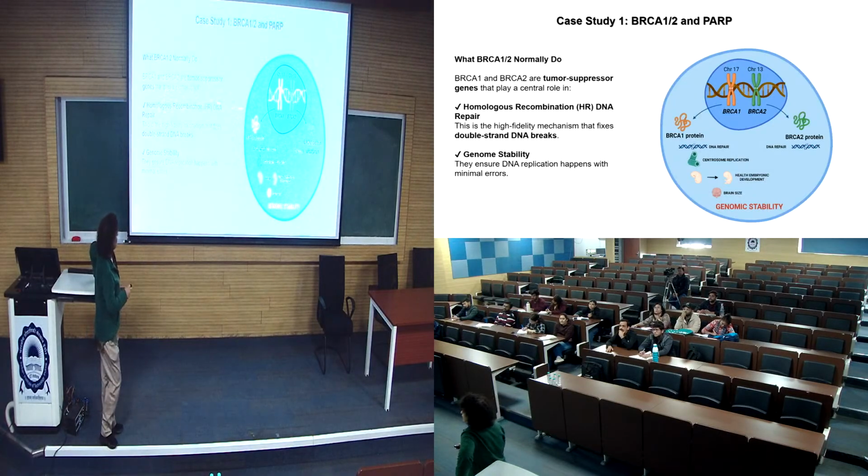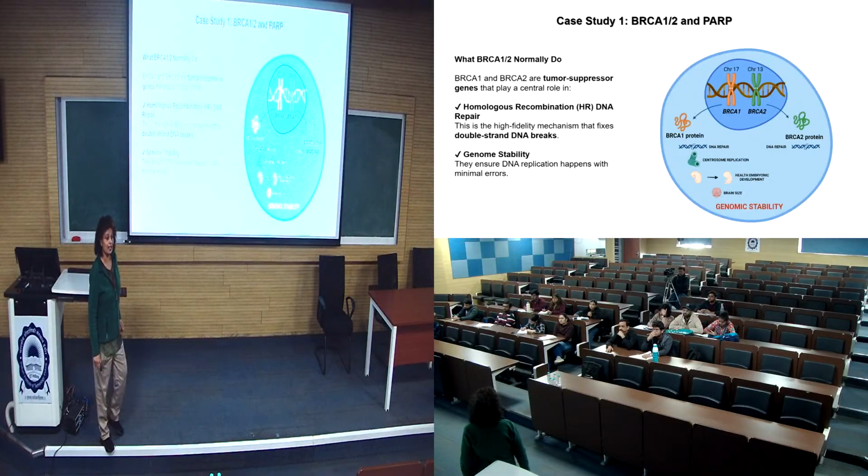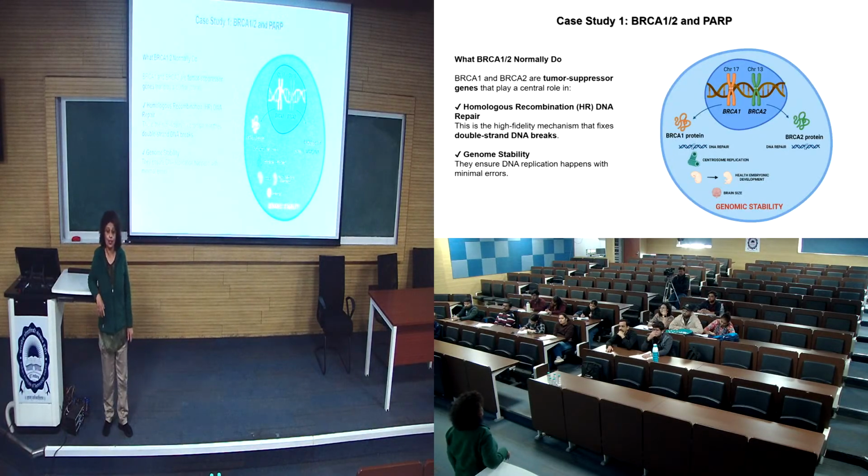These guys are involved in repairing the double-stranded breaks by a process called homologous recombination, or HR. That is the function of BRCA1 and BRCA2, and they ensure DNA replication happens with minimal errors. DNA is our hereditary material, so cells make all efforts to make sure there are no mutations introduced.